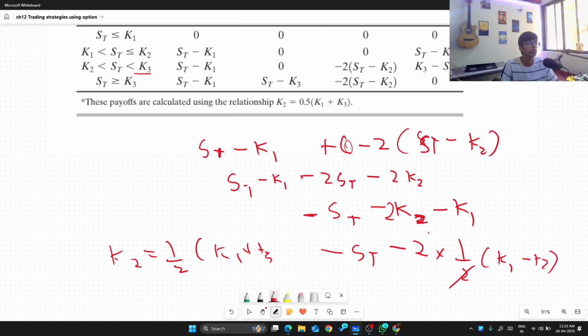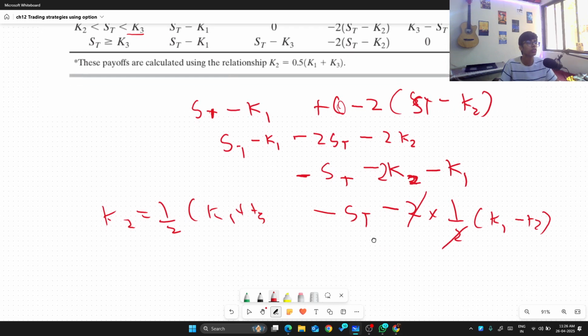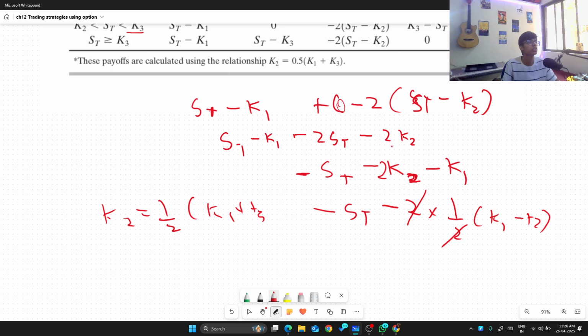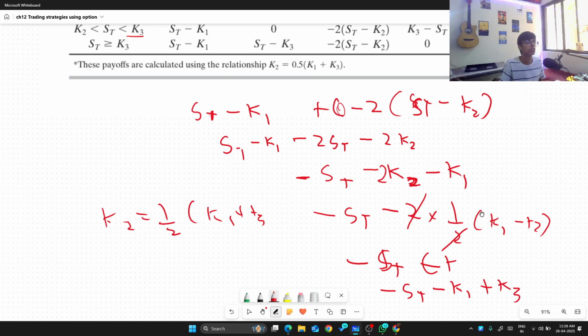And this is K2, right? Minus ST, and that would be minus K1 minus ST minus K1 plus K3, plus K3, right?